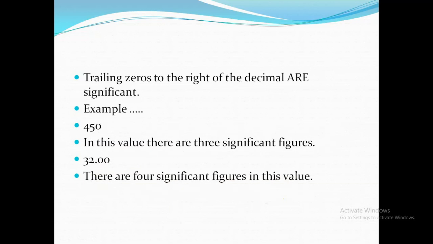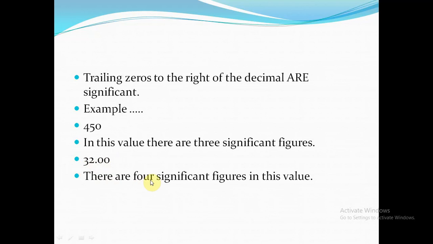Next, trailing zeros to the right of the decimal are significant. For example, 32.00. As it is obvious from the rule, trailing zeros to the right of the decimal are significant. So to the right of the decimal there are 2 zeros.